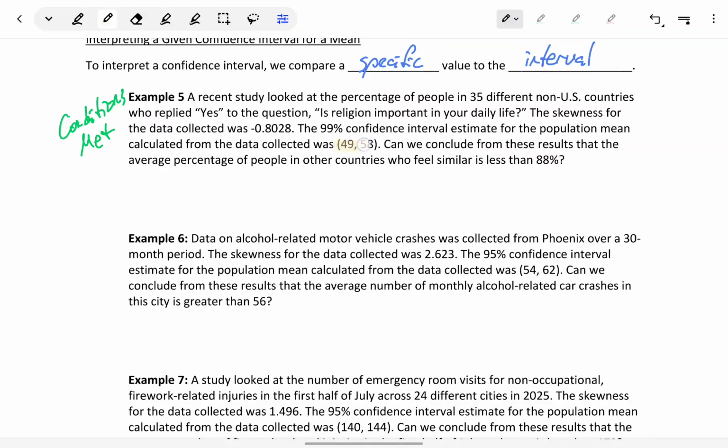We have two different pieces of information we are concerned about here: the confidence interval itself and this value of 88%. We want to compare 88% to that interval and use that to draw our conclusion. In this case, all values in that interval from 49 to 58 are less than 88%.